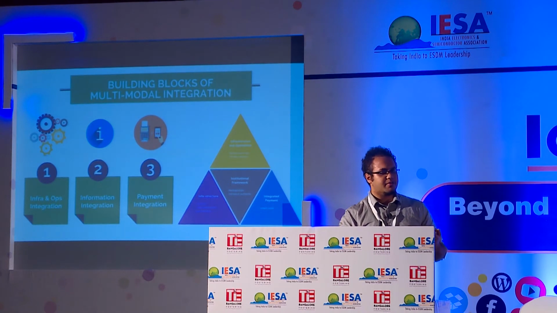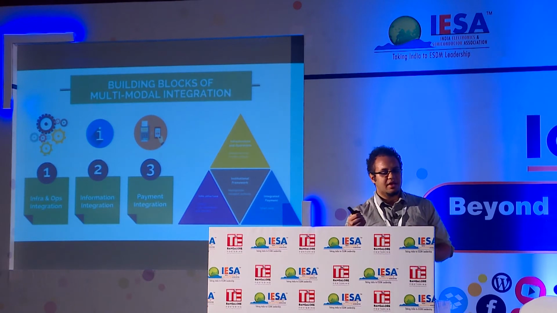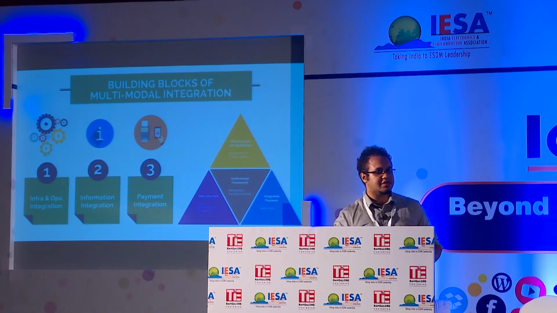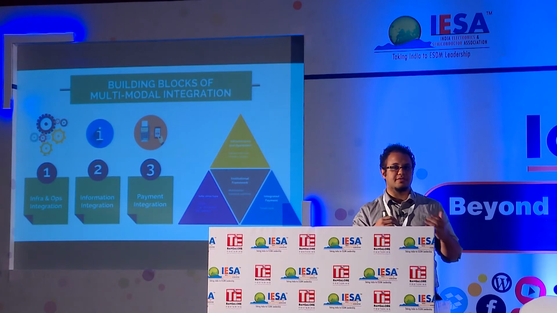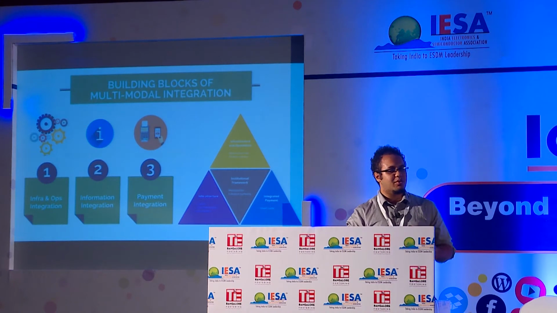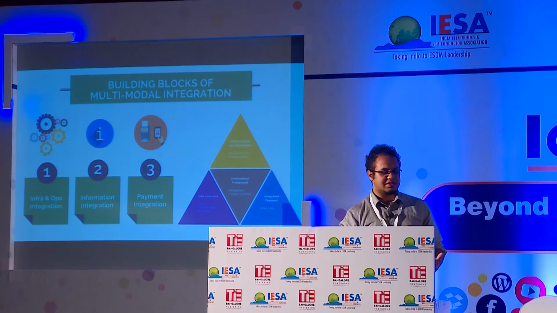Right now, from mode to mode, you have to pay the auto by cash, then take a smart card for the metro, and then maybe you have to go to the bus, and then pay by cash again. There is no seamless integration of payment. It does exist in a lot of other cities where they have unified transport planning bodies, but where you don't have unified transport planning bodies like Bangalore, this payment integration system does not exist.